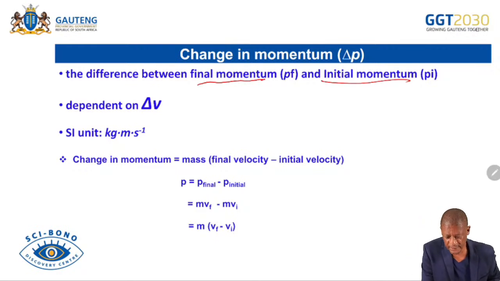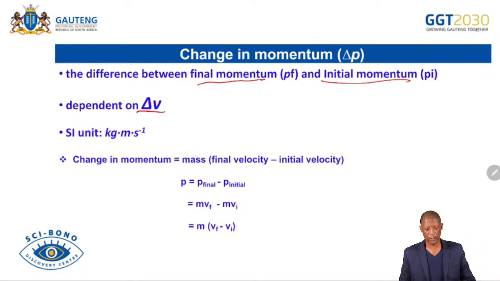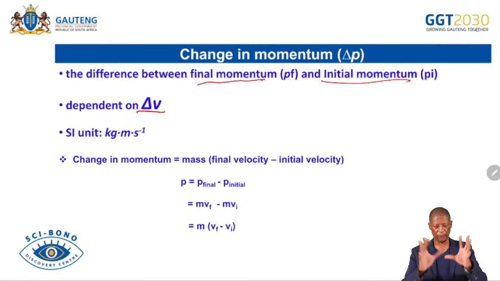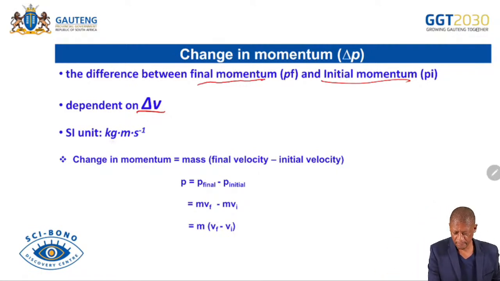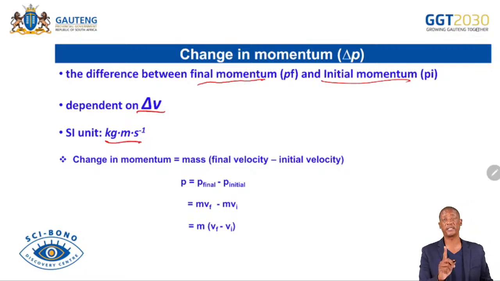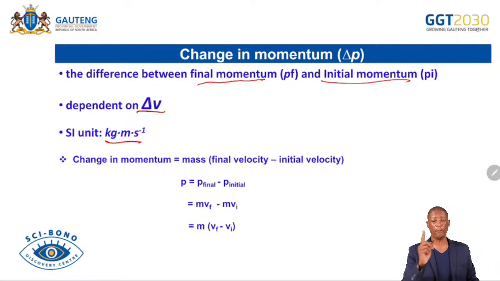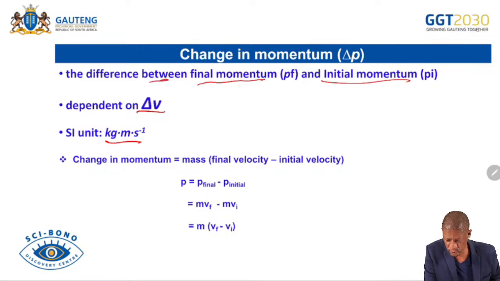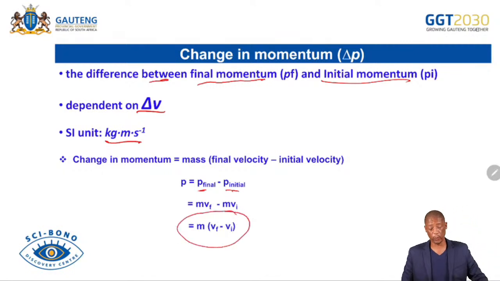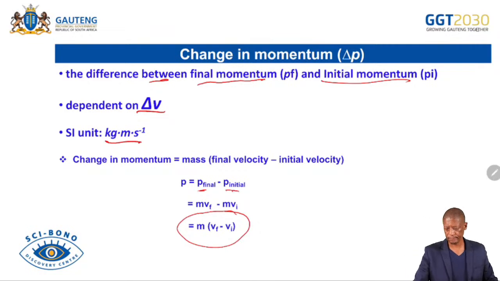The SI unit for change in momentum, as I alluded to in our framework, is kilogram meters per second, the same as momentum. This is the formula that you are going to use when we calculate change in momentum: the final velocity minus the initial velocity.